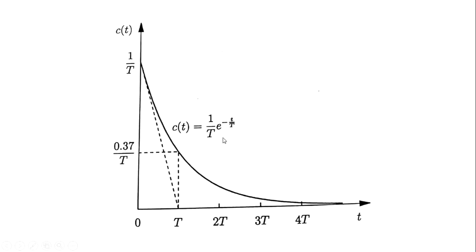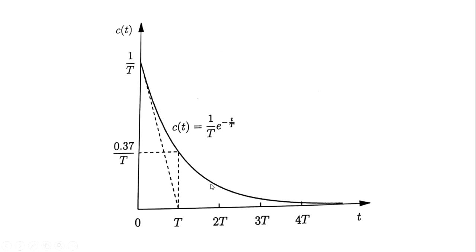By definition, at time t equal to tau, or in this case t equal to capital T, the output has dropped to 37% of its initial value.